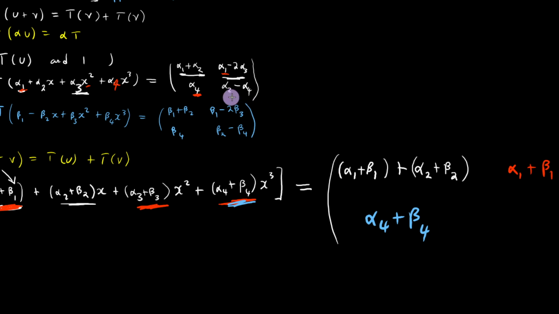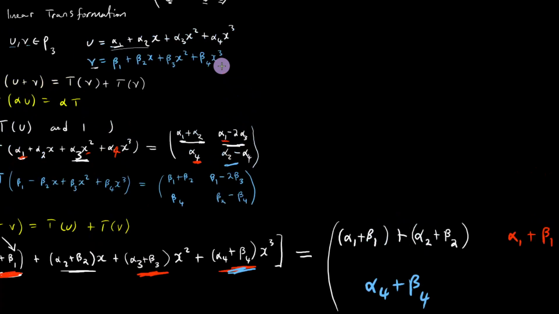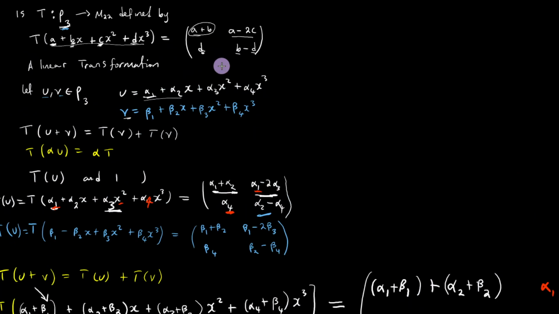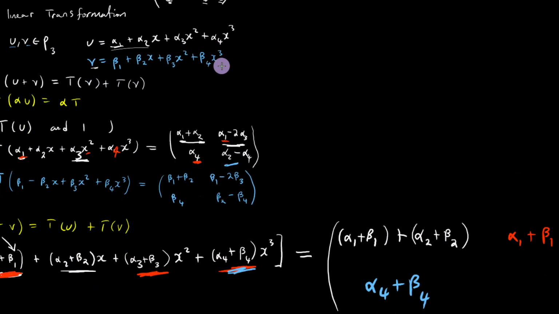Okay, now this entry is alpha 2. So we are basically following the definition. Alpha 2 is the coefficient of x. So in this case, the coefficient of x is this, and alpha 4 is the coefficient of x to the power 3, and in this case it's this.